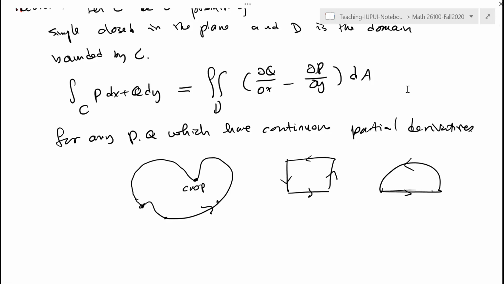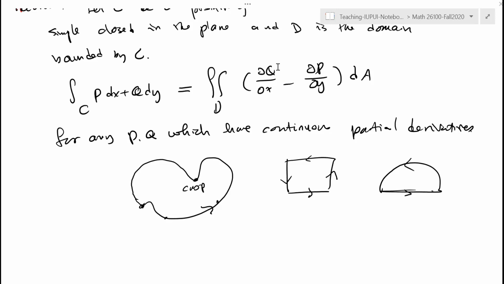If the curve is oriented clockwise, then for the line integral you have to reverse the orientation. Here the curve C is oriented counterclockwise. If you are given a curve which is oriented clockwise, the above theorem does not hold as stated; you have to change the sign.